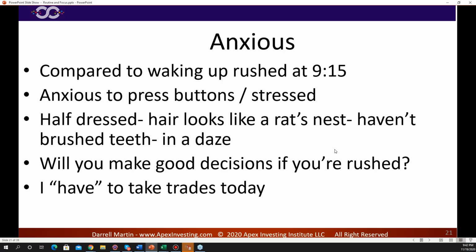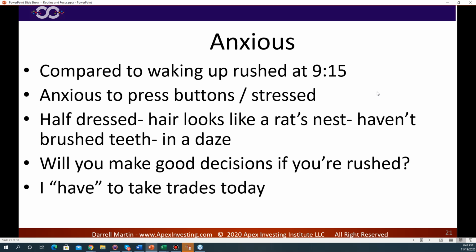Some of the best traders I know can wake up and say, man, not today. I'm not in the right physical, mental, emotional state to be trading today, and I'm not going to do it.